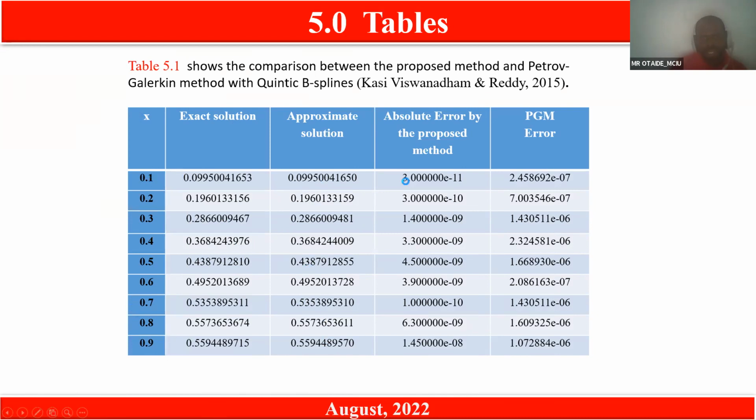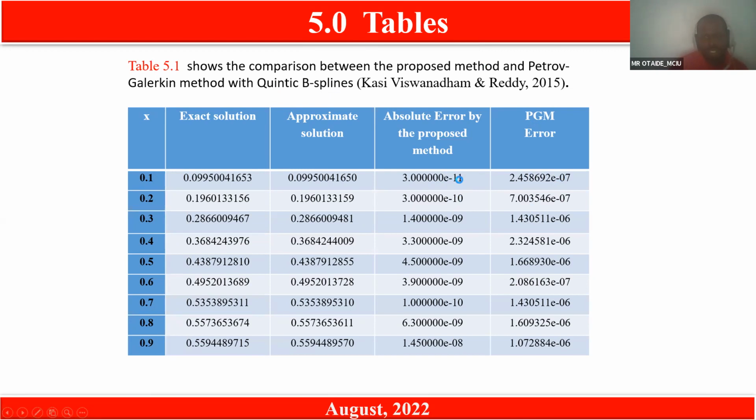This is the absolute error by the proposed method, and this is the method we are comparing with, PGM, which we call Petrov-Galerkin's method with quintic B-splines. This was the absolute error from that method. At x equal to 0.1, the error from our method is of order 10 to the minus 11, compared with 0.7, which means our method is better.